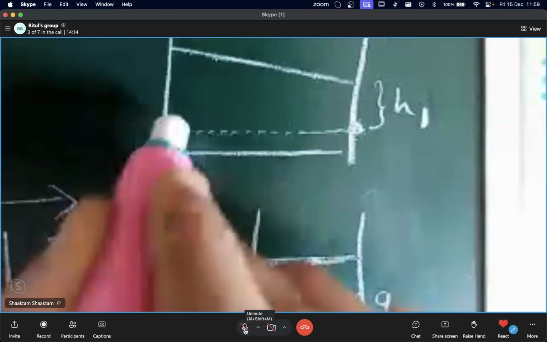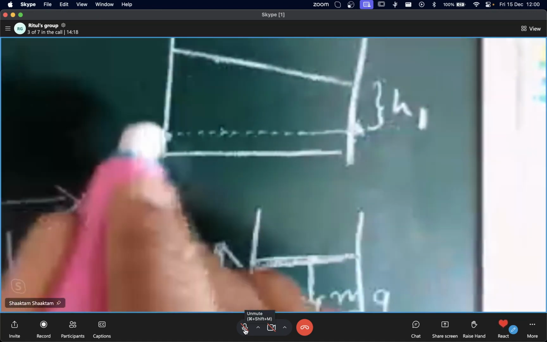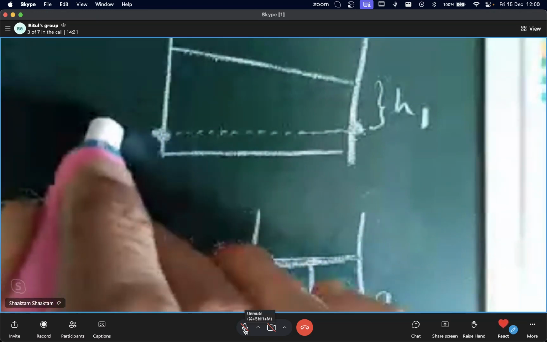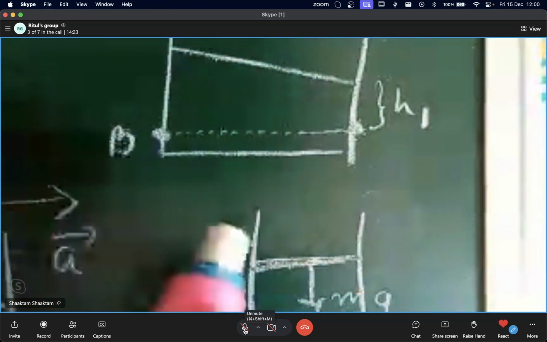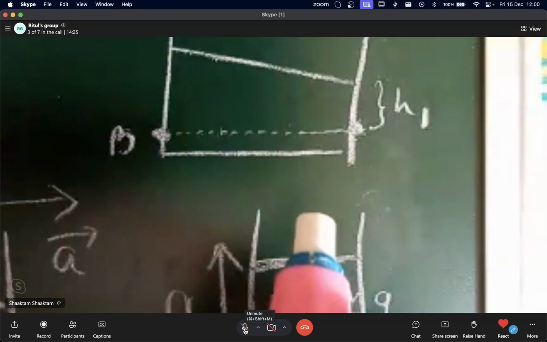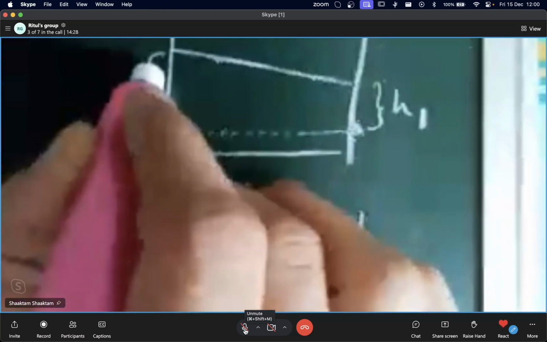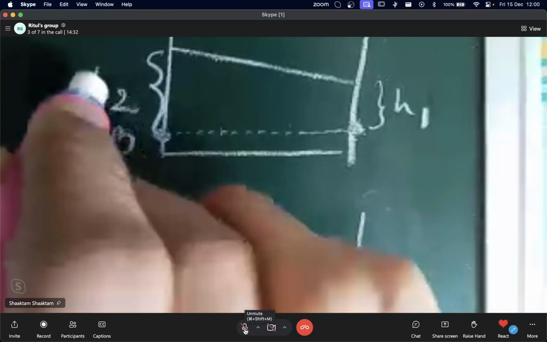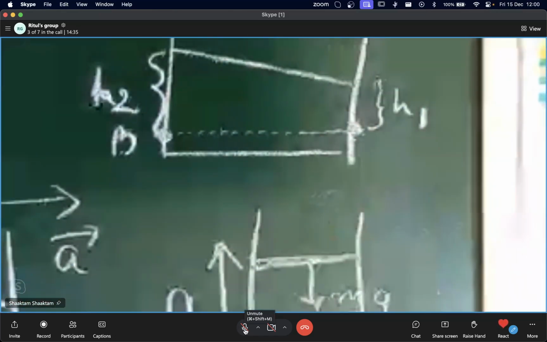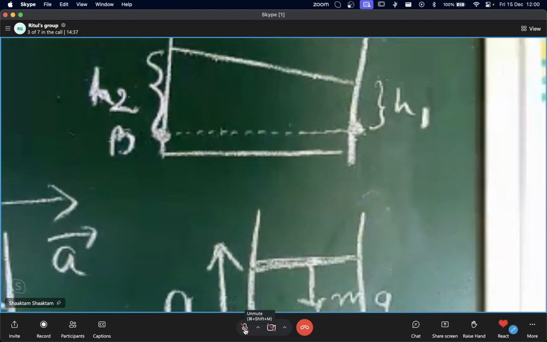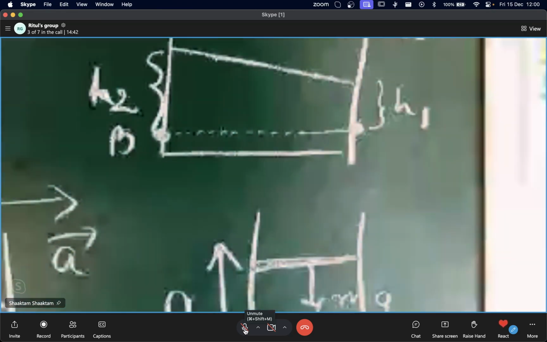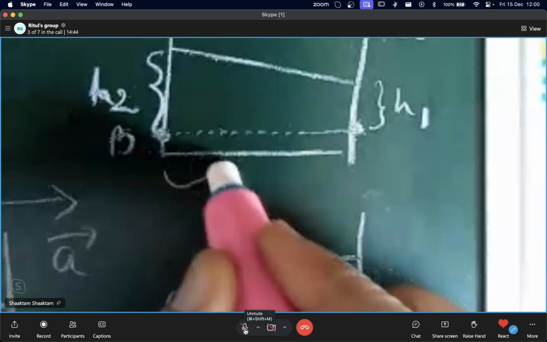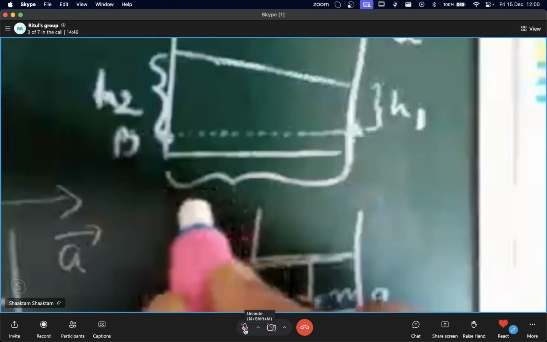A line parallel to the horizontal, passing through the point A, reaches B. This height is h2. The acceleration is to the right, it being A. This length is L.